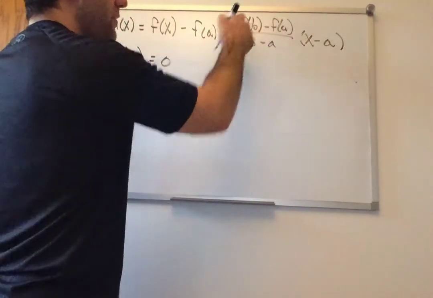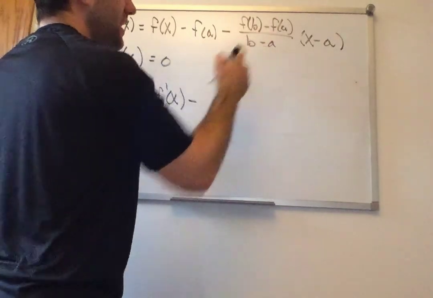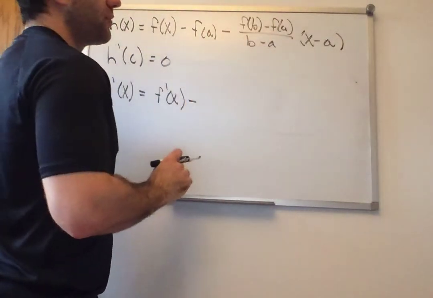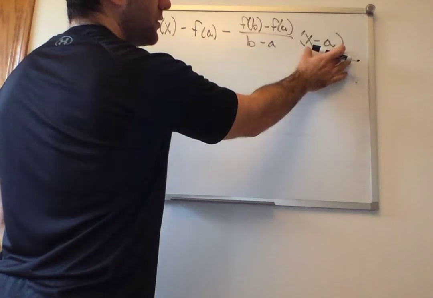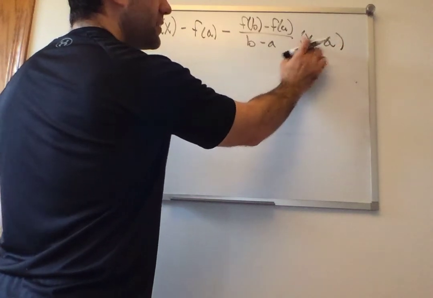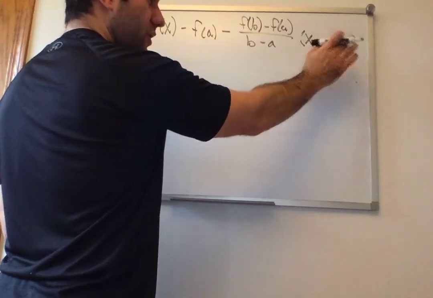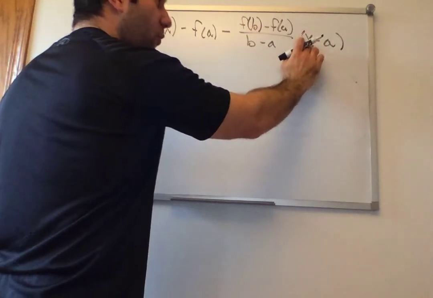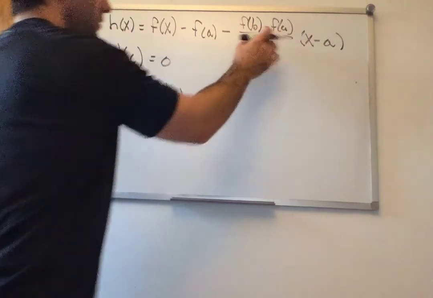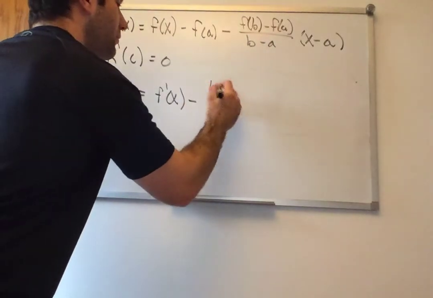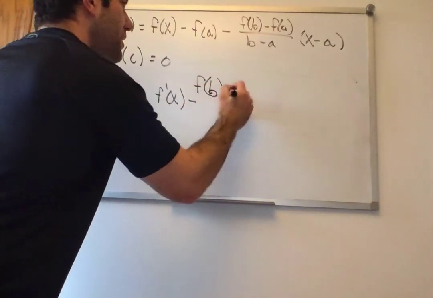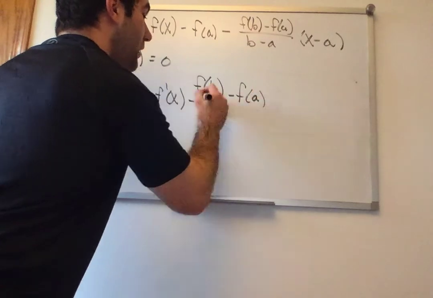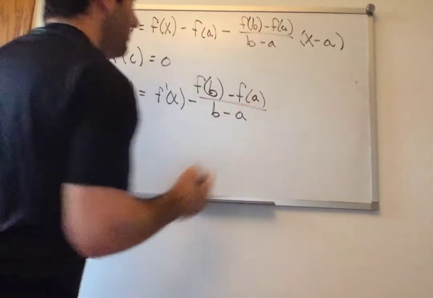It's just a slope. F of b is a number, f of a is a number, b minus a is a number. It's just a number. This right here, x, this is the number. The derivative of a number, gone. X, the derivative of x is 1. We got 1 times this thing. We're going to have f of b minus f of a divided by b minus a.